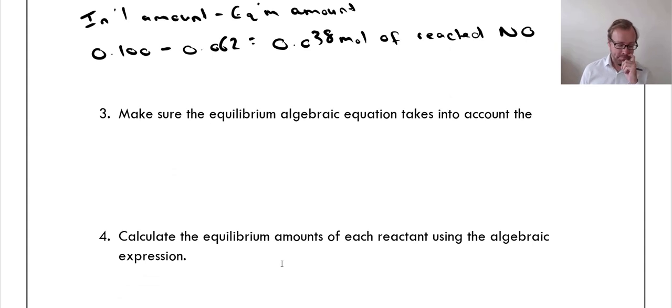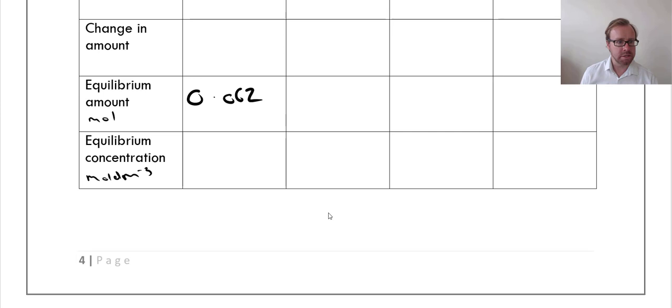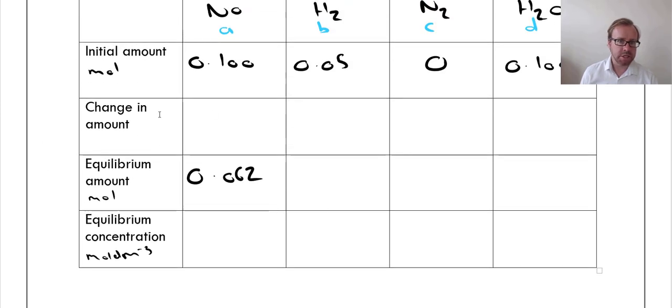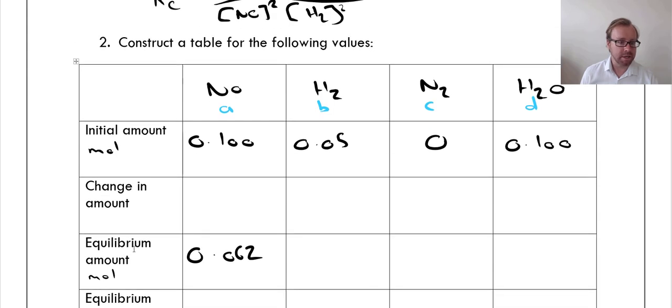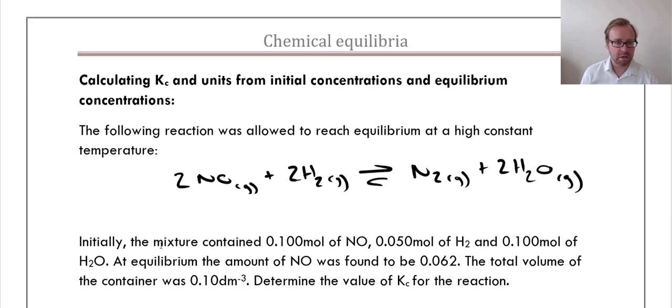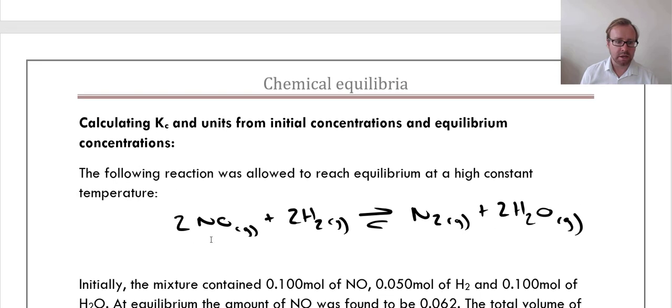Okay, now comes the slightly trickier bit. Make sure the equilibrium algebraic equation takes into account the molar ratios. What do I mean by this? If we go back up to this table, the change in amount is going to be an algebraic expression. In my overall equation, I have 2 moles of NO and 2 moles of H2 producing 1 mole of N2 and 2 moles of H2O.